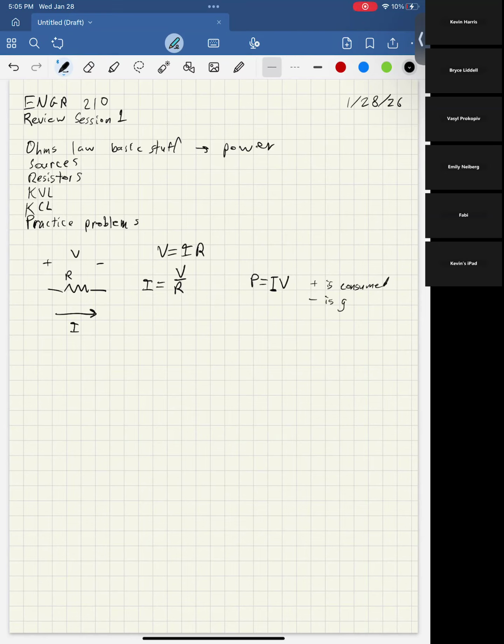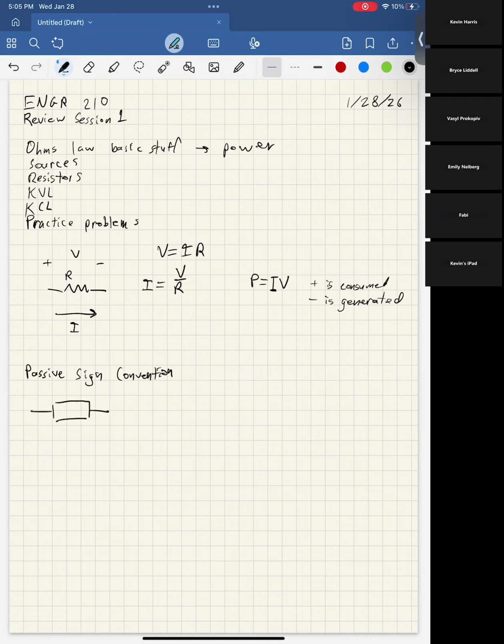Negative is generated. And we can calculate this based on what is called the passive sign convention. I will go over this real quick. This is something I don't think was explicitly touched on in class, but it is good to know. I'm actually not sure. I should read through the slides a bit closer.